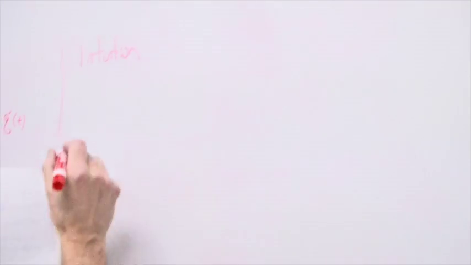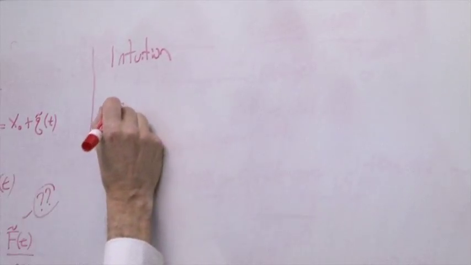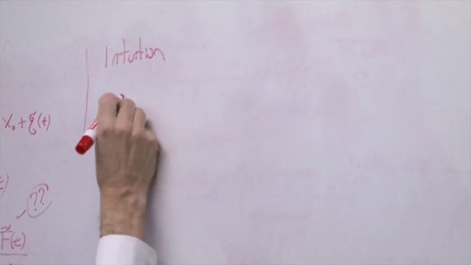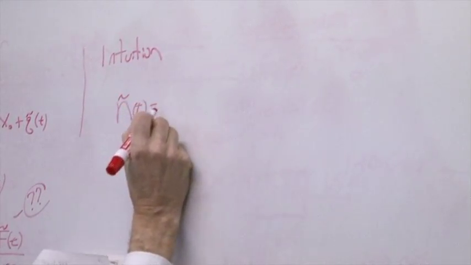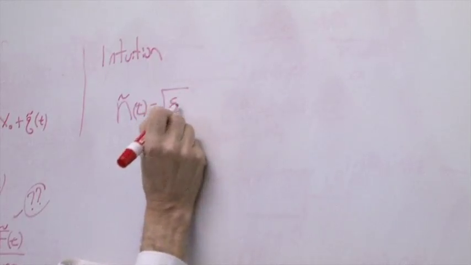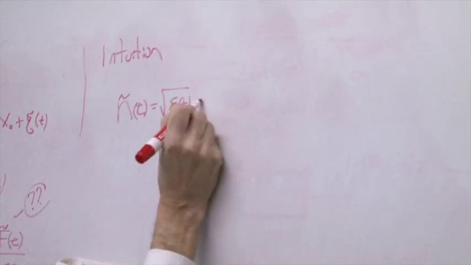Before we forge ahead with a horrendous calculation, let's see if we can develop a little bit of intuition as to what's going on here. So we know that n of t is the square root of epsilon of t.